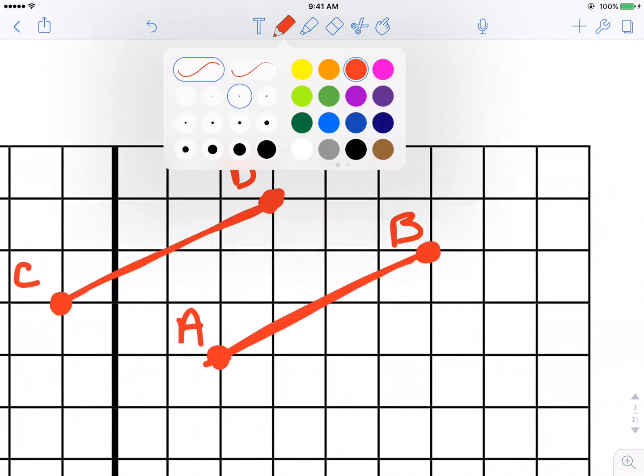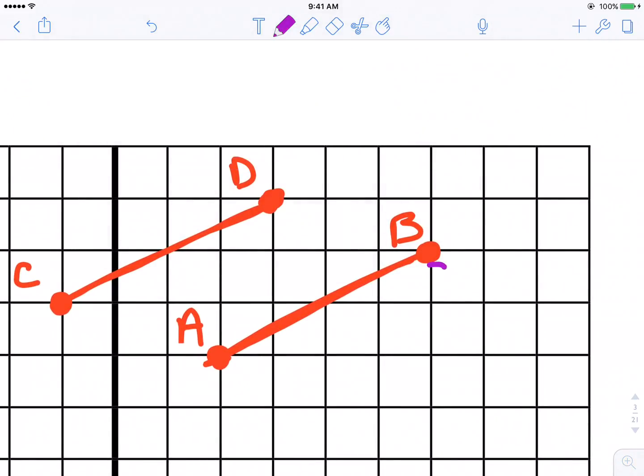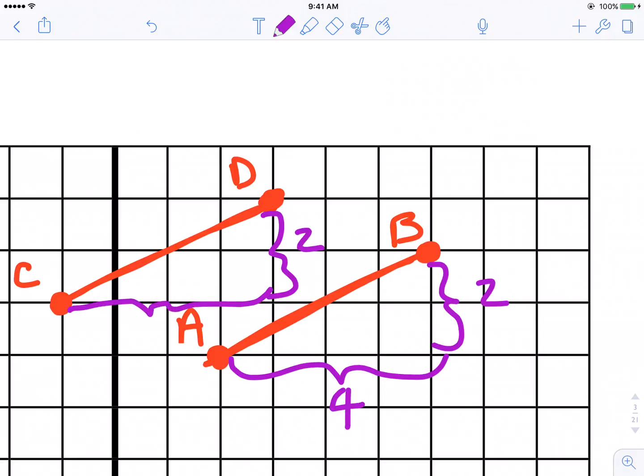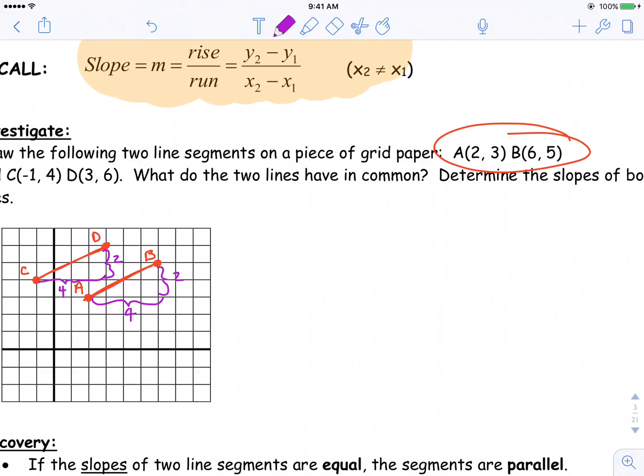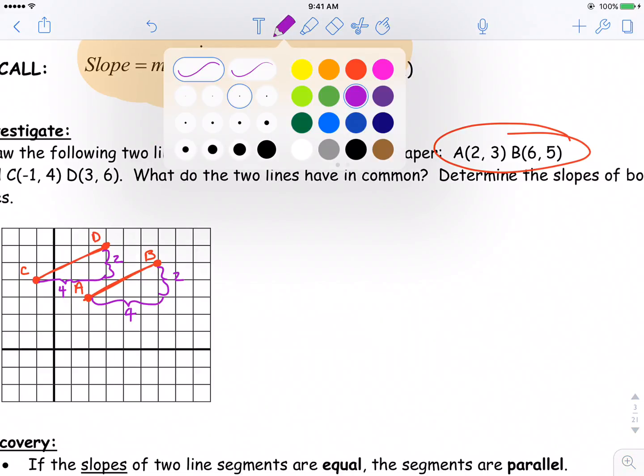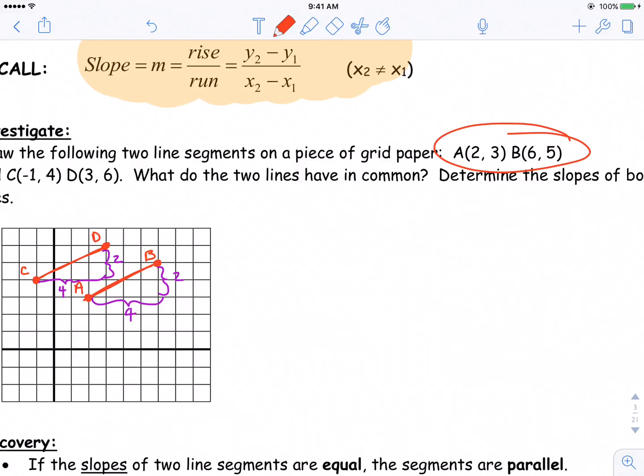So if we very quickly look at this and we calculate our slope, which is rise over run, 2 over 4, rise over run, 2 over 4. We can very quickly say by looking at that the slopes of the two lines are 2 over 4.